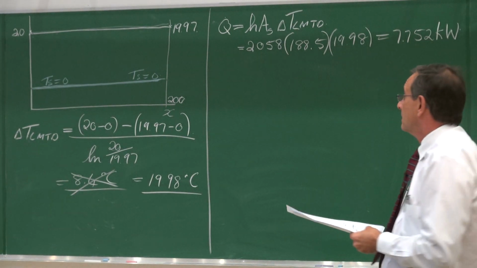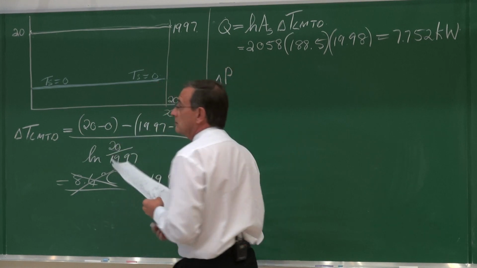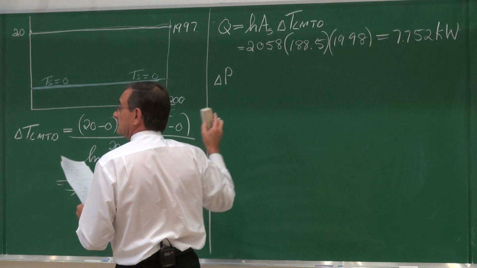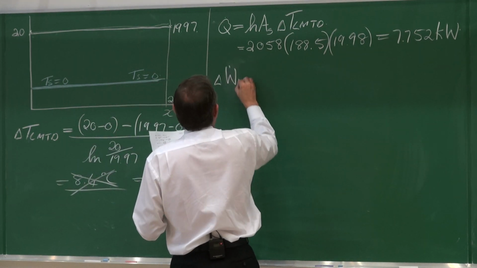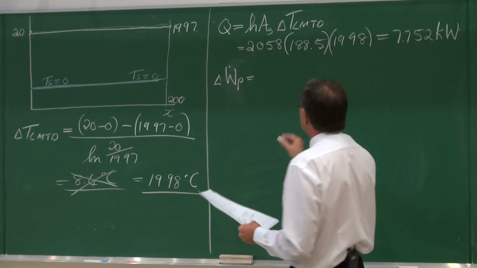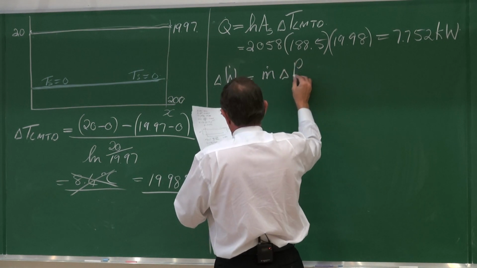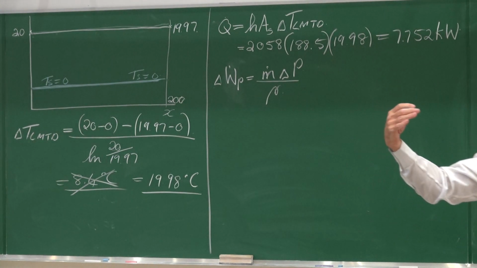Okay, and then the pump power was also, what symbol did I use? W. Okay, the pump power. The pump power is equal to the mass flow rate multiplied by delta P divided by rho. There are obviously different ways you can write it.